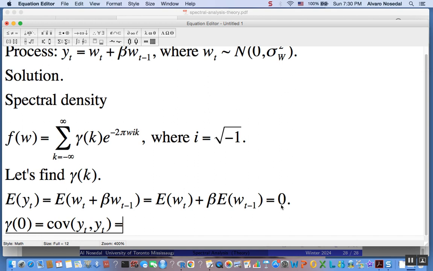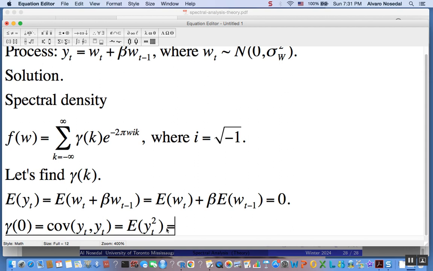So the covariance in this case is going to be just the expected value of yt squared. Another way of thinking about this is as follows.